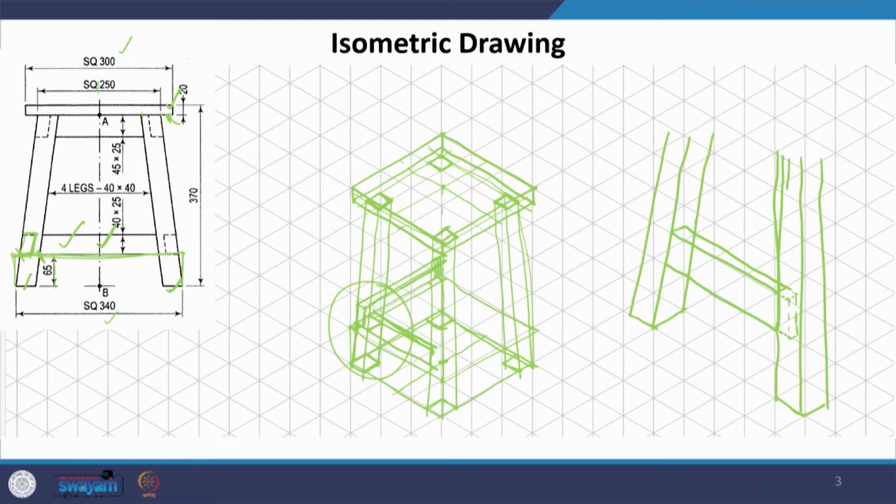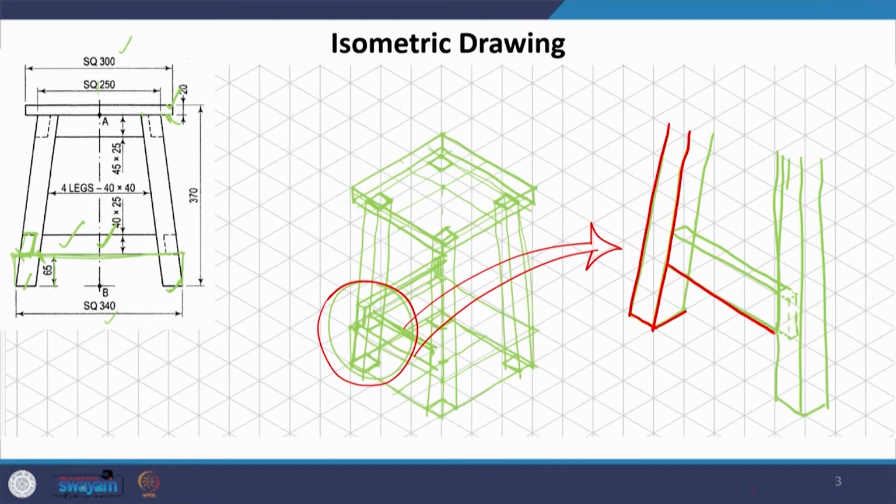So, if I have to darken this part, I am just blowing up this detail. So, what this leg will be seen as is this. Look at the red ones. This is going to be dotted behind it, right.